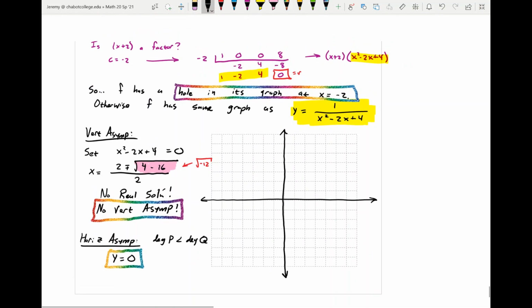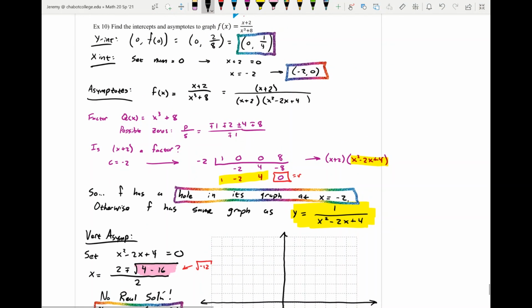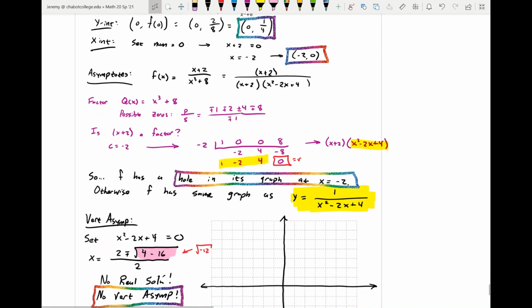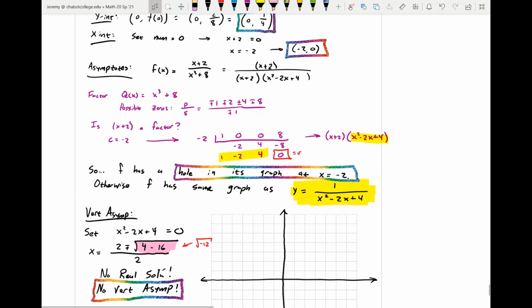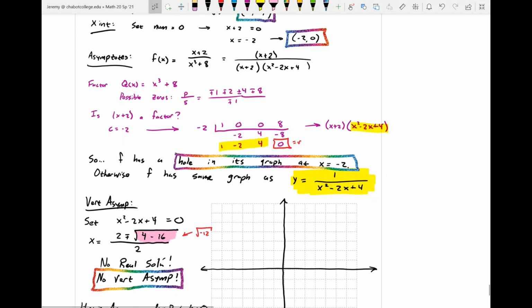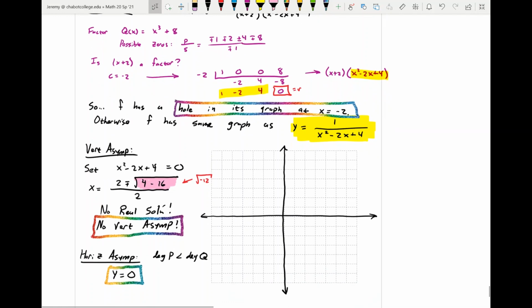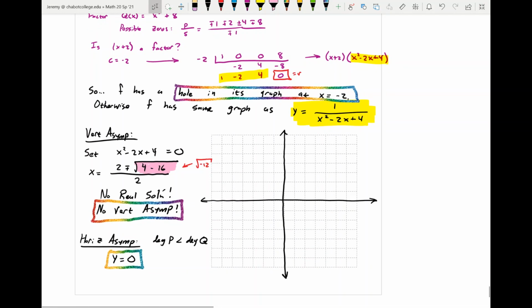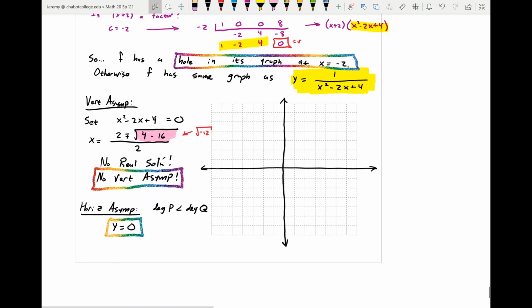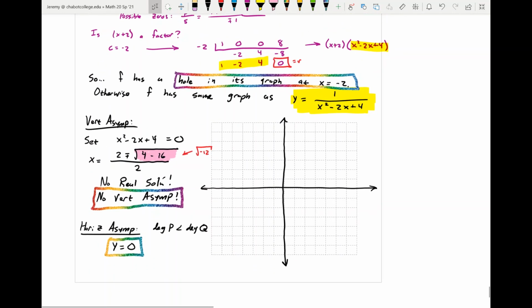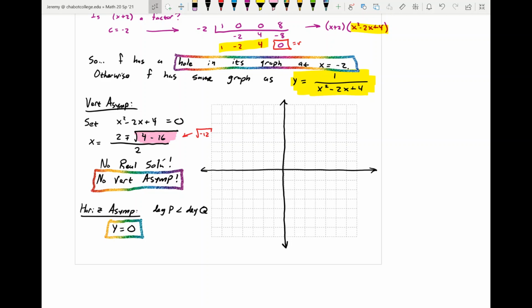All right, let's see, where do we want to start? I've got a y-intercept at (0, 1/4). Let me get my calculator fired up here because I'm going to have to do a table of values.